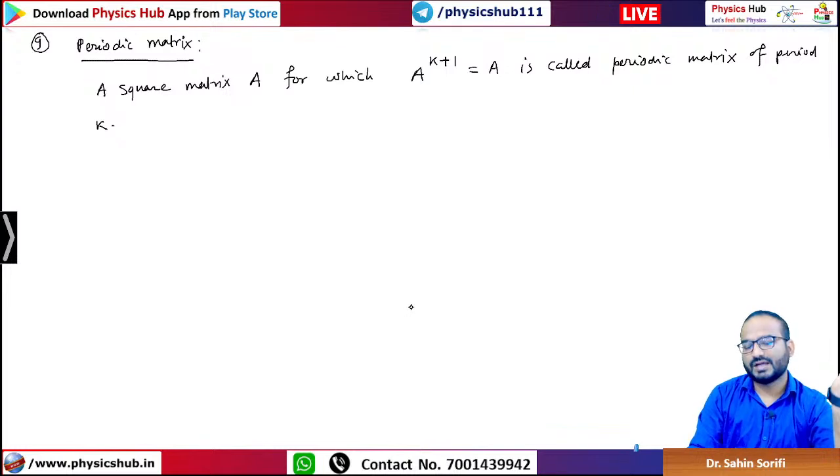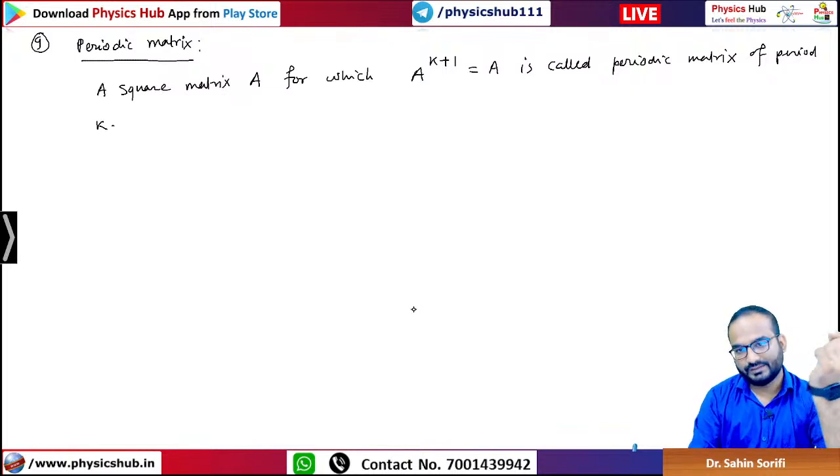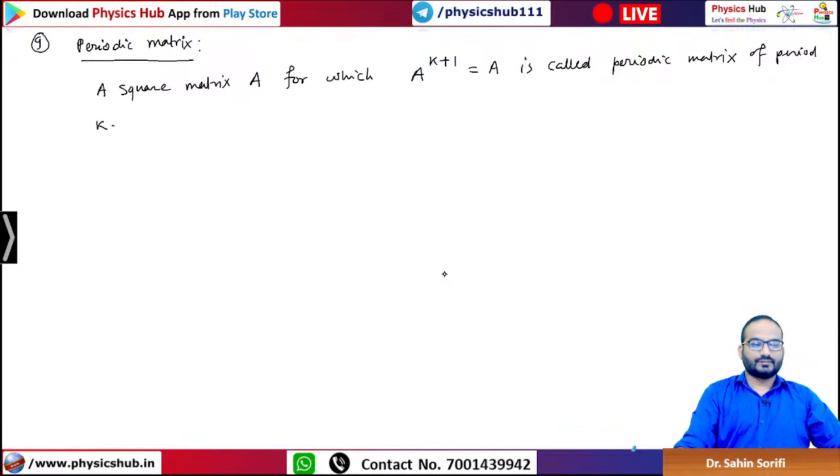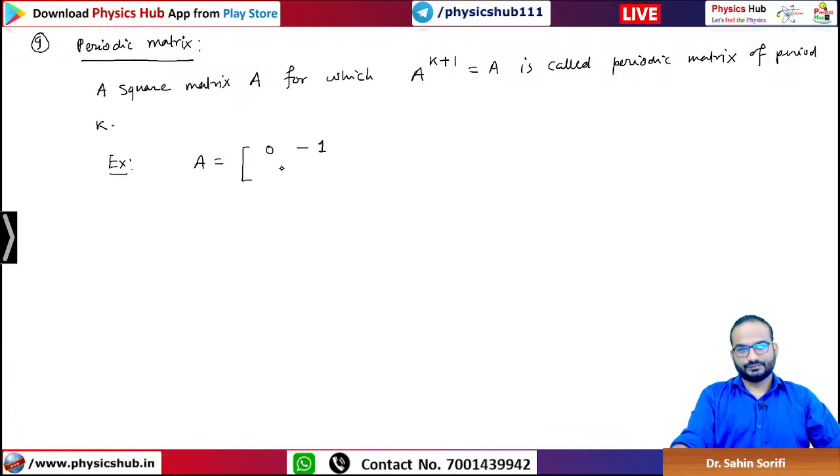If you consider I square, you get back I. So it has a period 1. Or you can take an example. Let's say A equals 0, minus 1, plus 1, 0.